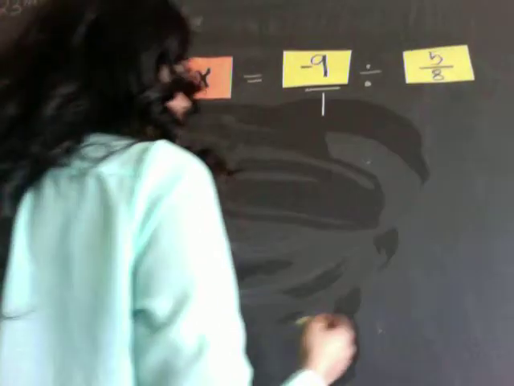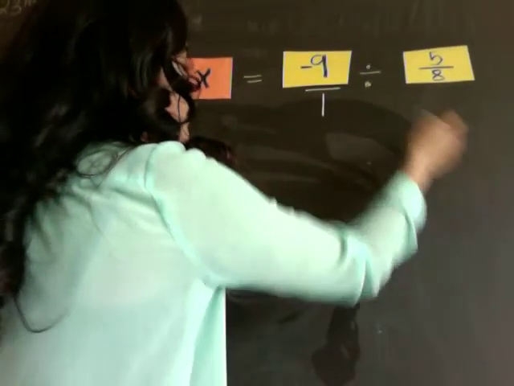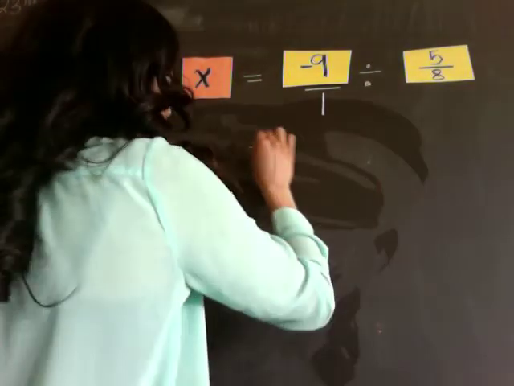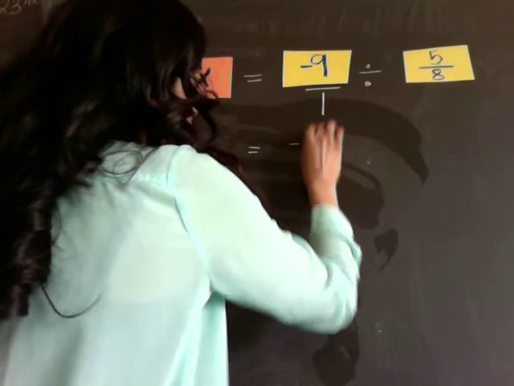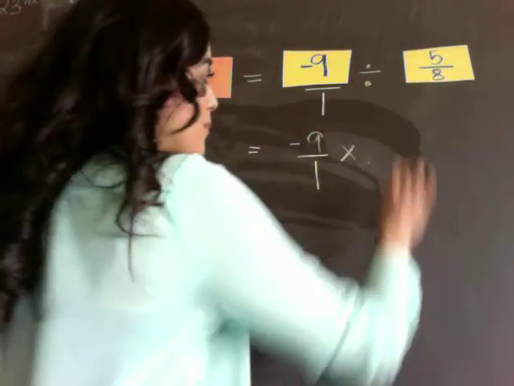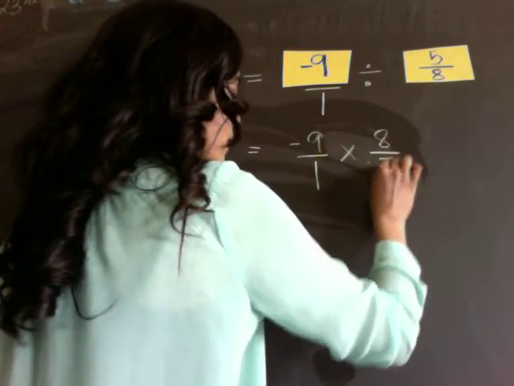And when we do that, our next step to divide fractions is to find the reciprocal. And again, this is a review from when we had done fractions. So it's negative 9 over 1 times the reciprocal, which is 8 over 5.